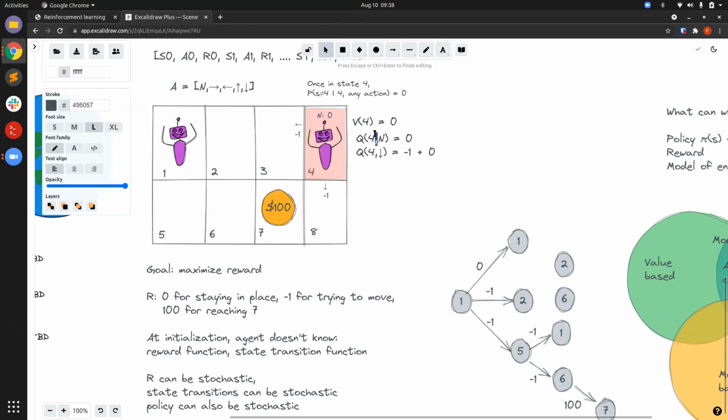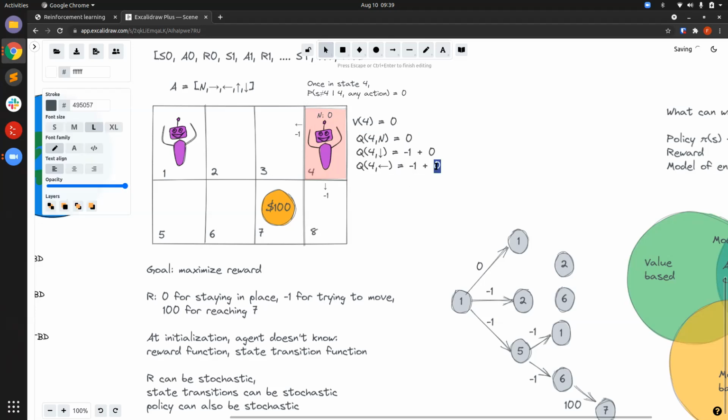So in state 4 for action no-op, the best possible value we can get is 0. For any other action, the best possible value we can get is -1. Right. So this is the current reward plus the discounted future reward.